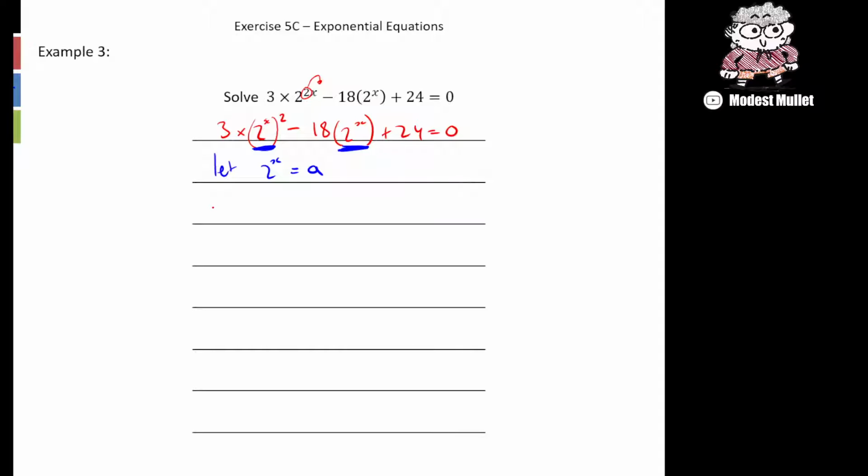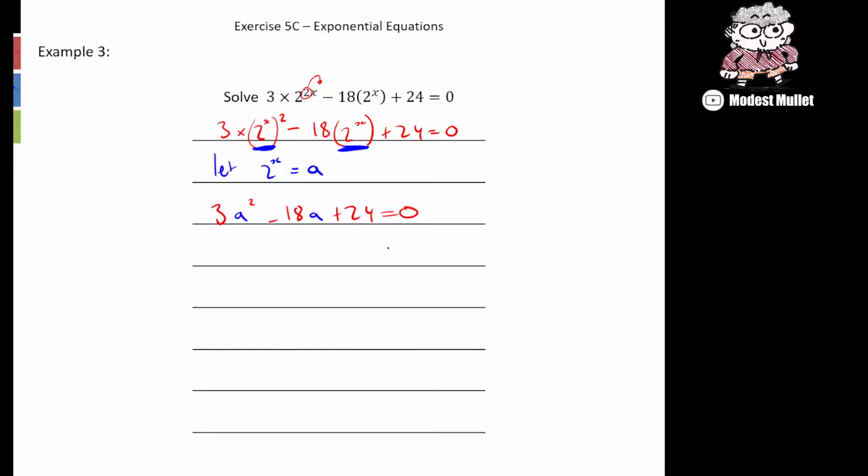And I can rewrite my equation as 3a squared minus 18a plus 24 is equal to 0. And now I've just got a quadratic that I need to factorize and solve.